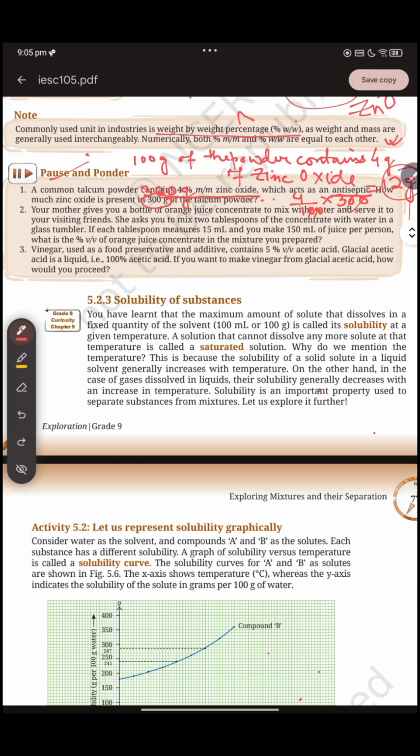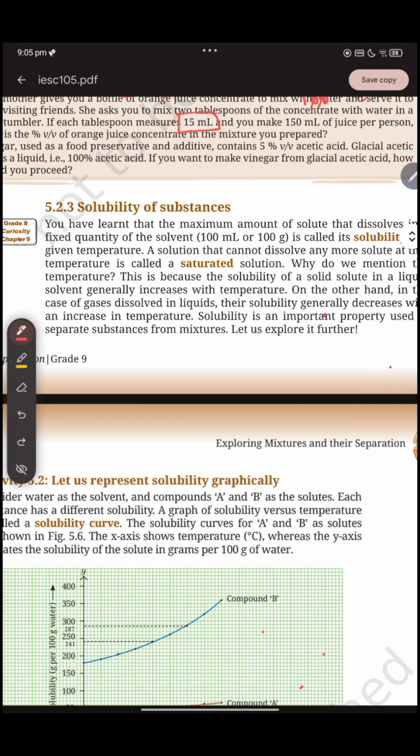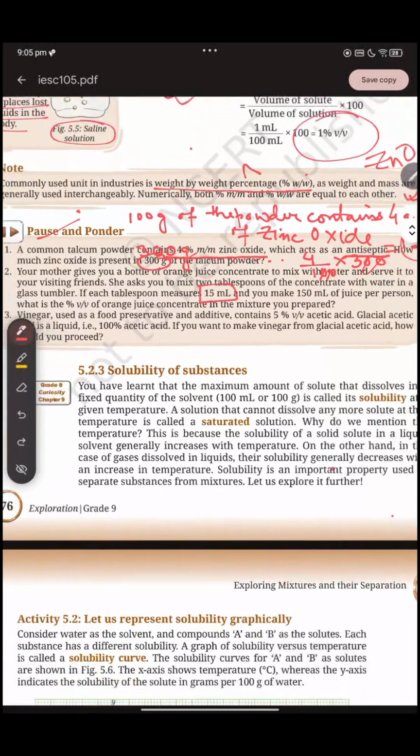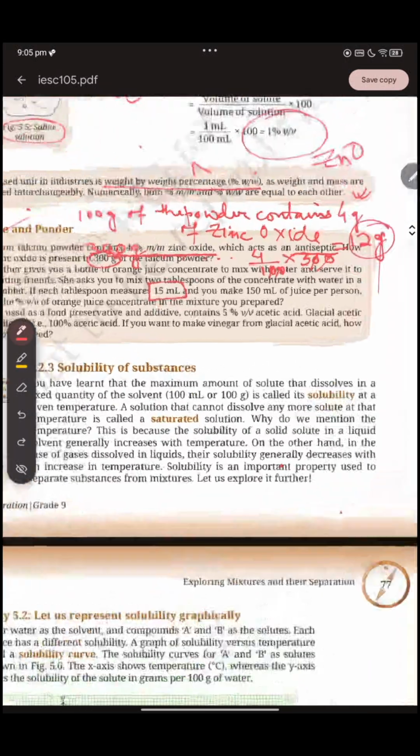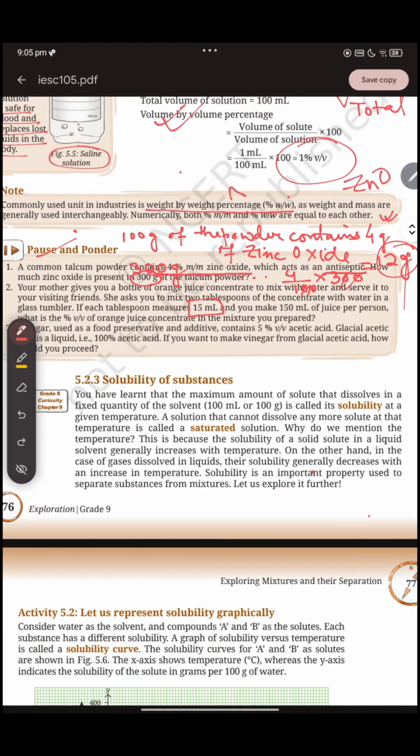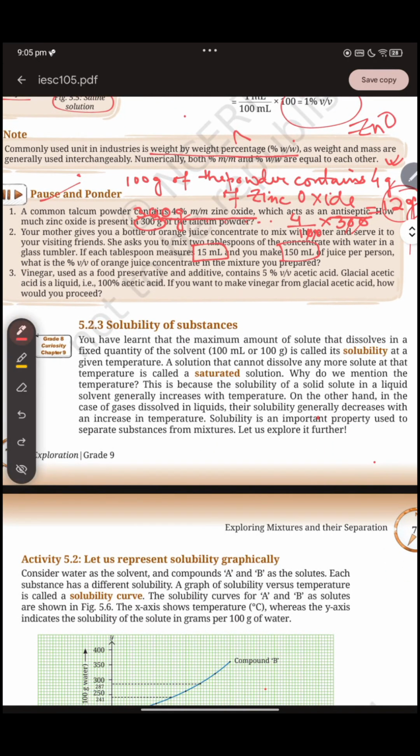If each tablespoon measures 15 ml and you make 150 ml of the total juice per person, total volume 150 ml. So ml and ml both are volume units. What is the percent V by V of the orange juice that you are preparing?